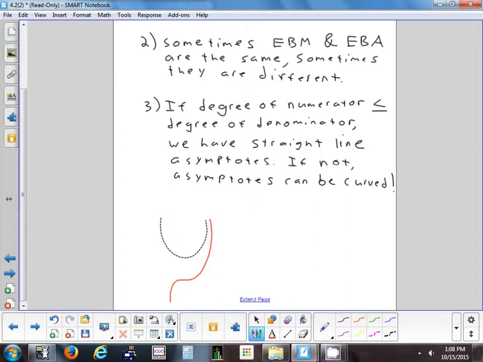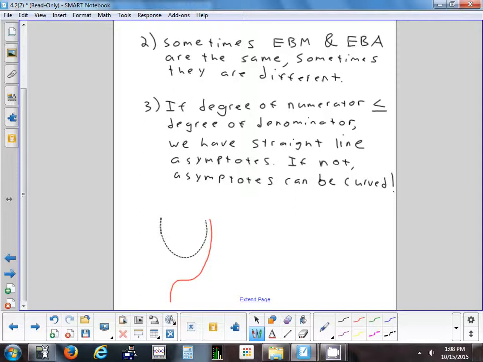This side of it just gets closer and closer and closer to the asymptote. So it's getting closer and closer to that curve. Any question on that idea? We're going to do one in a second that's a curved asymptote.